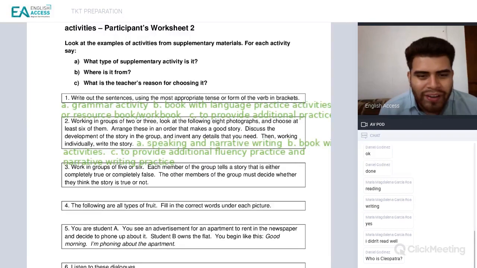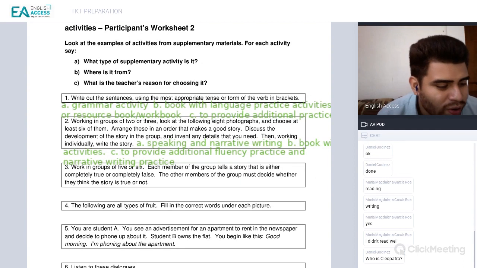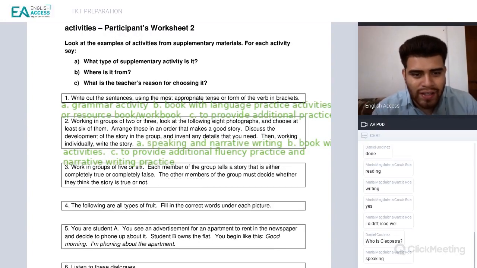Each member of the group tells a story that is either completely true or completely false. The other members of the group must decide whether they think the story is true or not. All right. So this right here, my friend, is a speaking activity. Exactly. Very good.